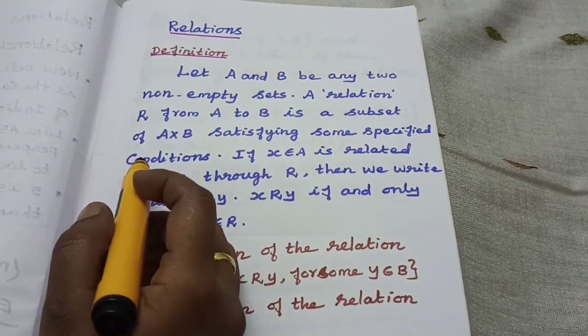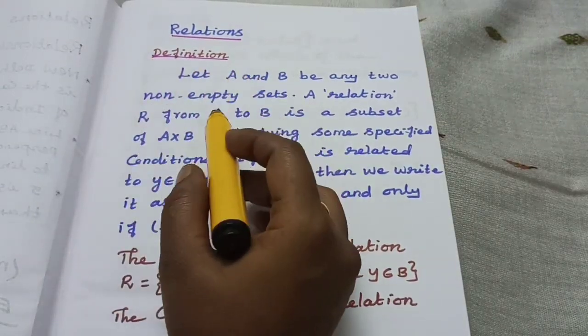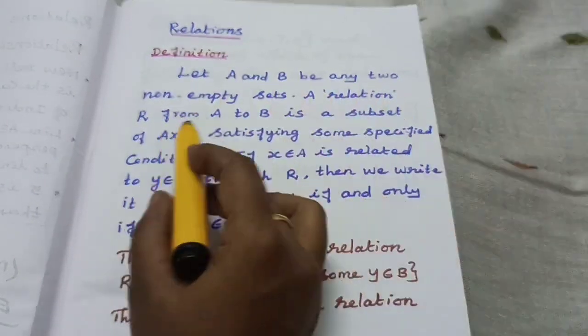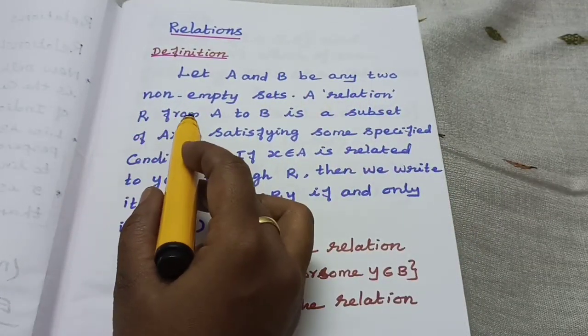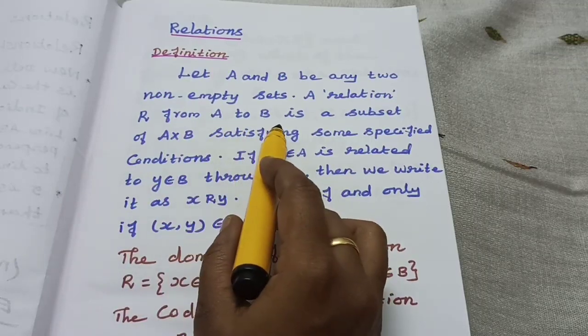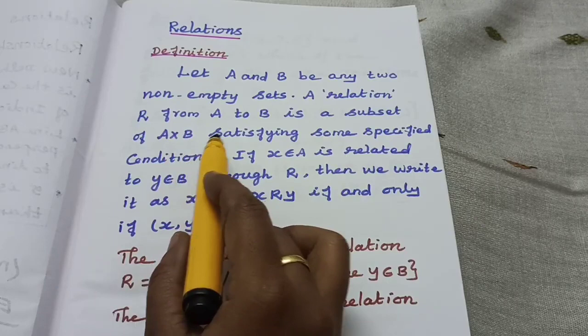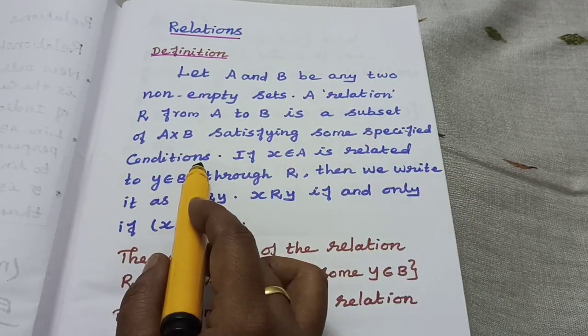Now you say what is meant by a relation. The definition: let A and B be any two non-empty sets. A relation R from A to B is a subset of A cross B, satisfying some specified conditions.